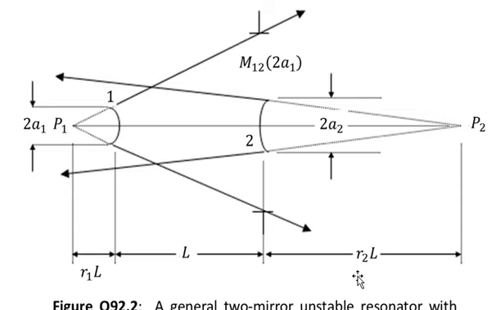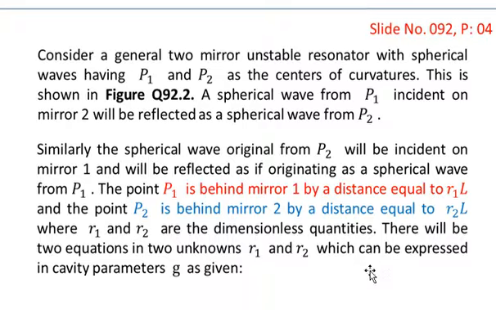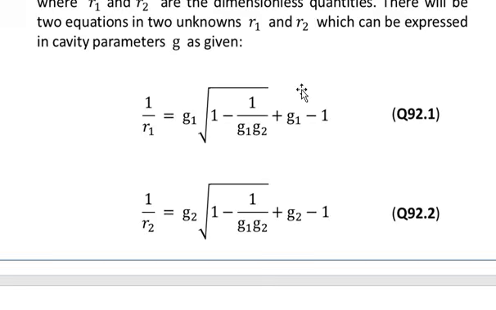Because you know that the formula for G1 was 1 minus L over R1, and R1 here is R1L, G1 is 1 minus L over R1L, and similarly G2 is 1 minus L over R2L. So this is how we have represented 1 over R1 and 1 over R2 in terms of the G parameters of the resonator.